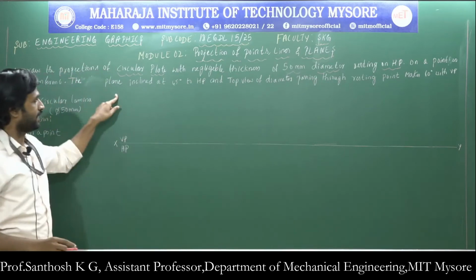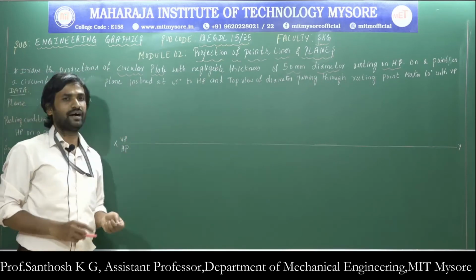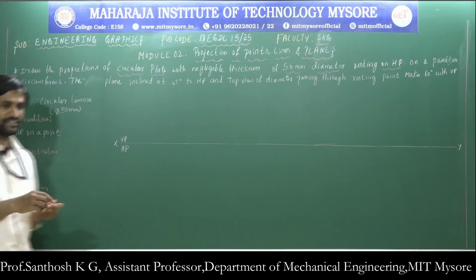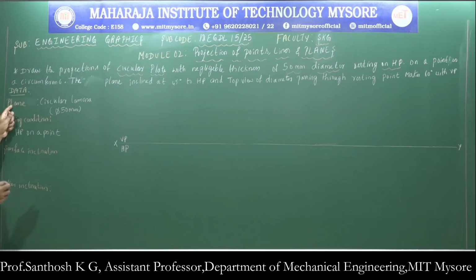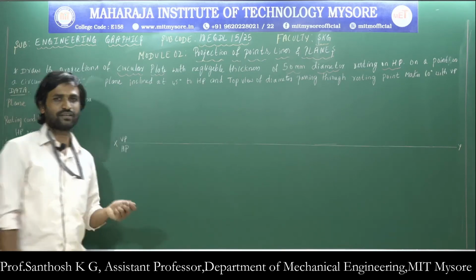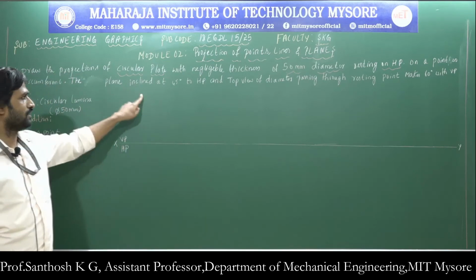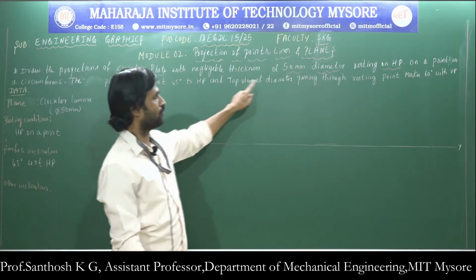Then the plane is inclined at 45 degrees to HP. So, the inclination of the circular lamina is 45 degrees with respect to HP. So, this represents the surface inclination of the circular lamina, and the top view of the diameter.